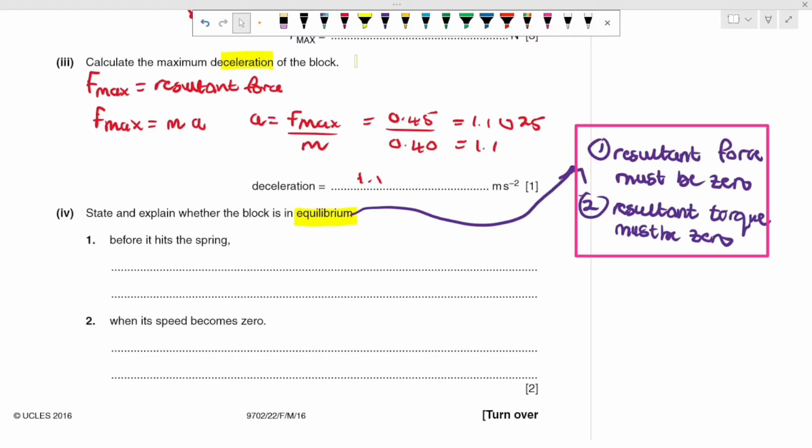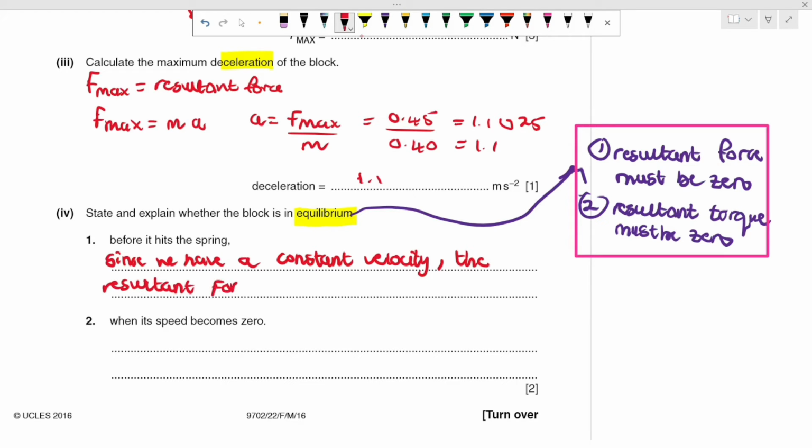So since we have a constant velocity, the resultant force is 0.